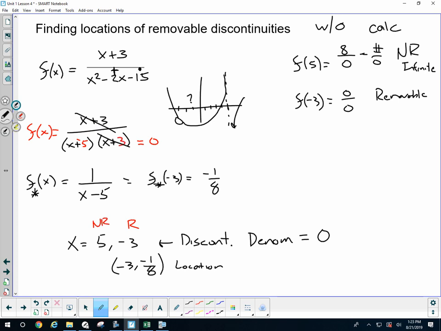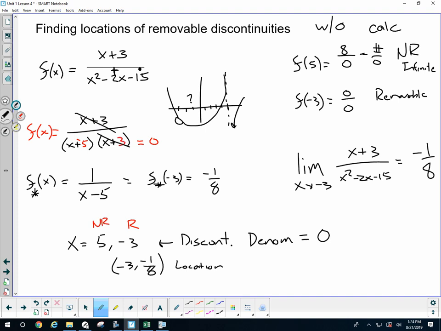And turns out what you've just done is answered this problem. What is the limit as x approaches -3 of x plus 3 over x squared minus 2x minus 15? You algebraically simplified something, created a new function, then you plugged it in, and that's how you'll be able to answer that that's -1/8 in the future without using your calculator.